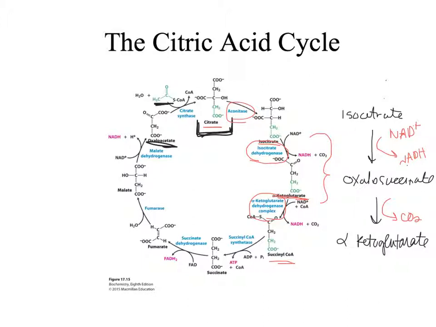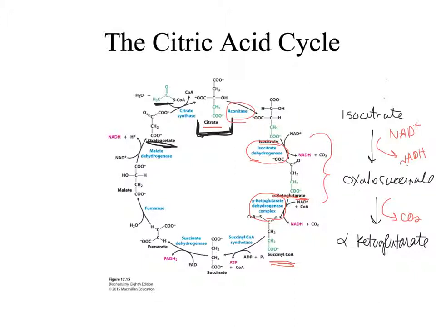Once that occurs, this succinyl-CoA, there's a thioester bond that's present there that is going to be cleaved. And the cleavage of that thioester bond is coupled to the phosphorylation of a purine nucleoside diphosphate, usually ATP.